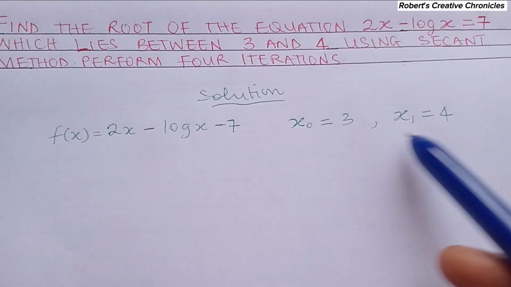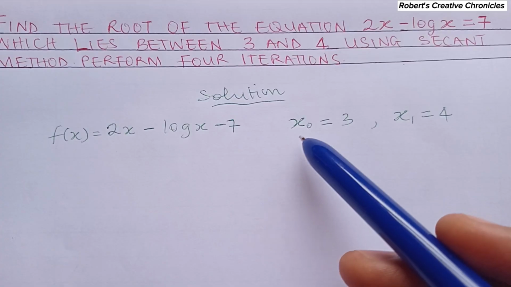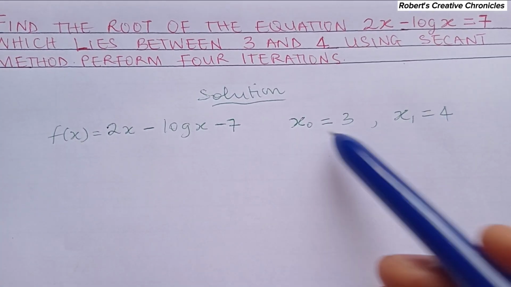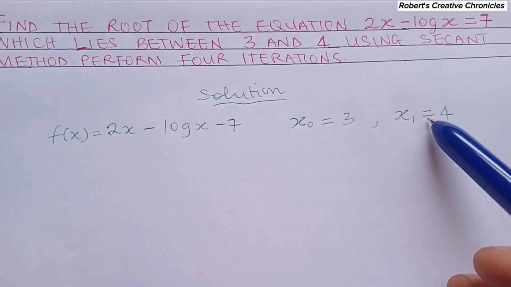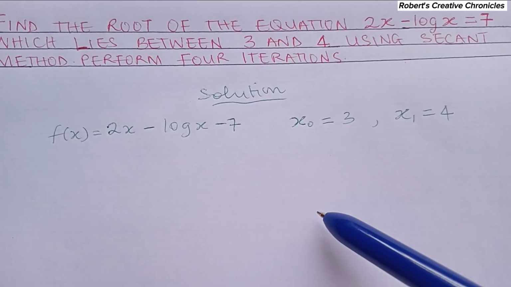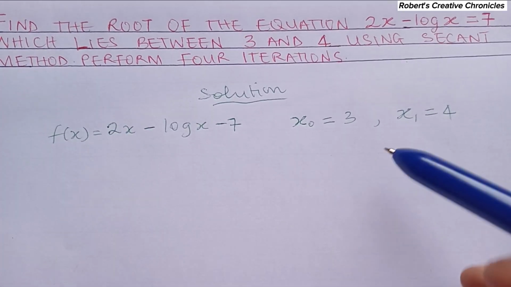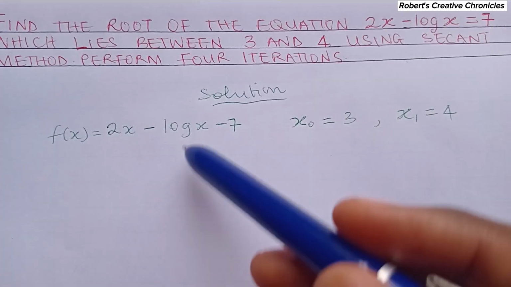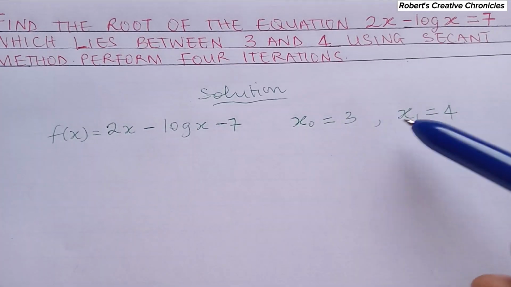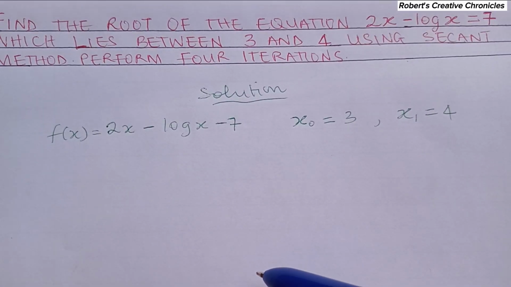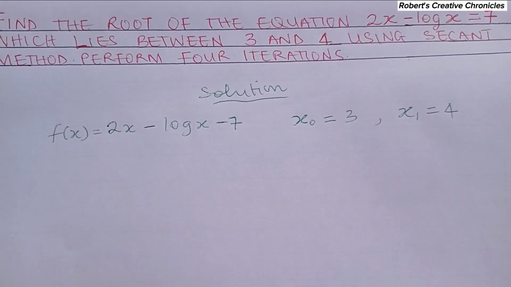You can use any one as your x0 and any one as your x1. Even if you use x0 as 4 and x1 as 3, you still get the same final answer, but your workings will be different from a person that uses the reverse.